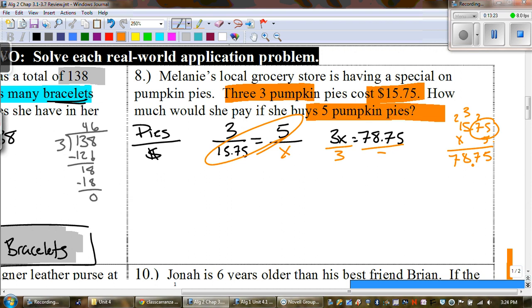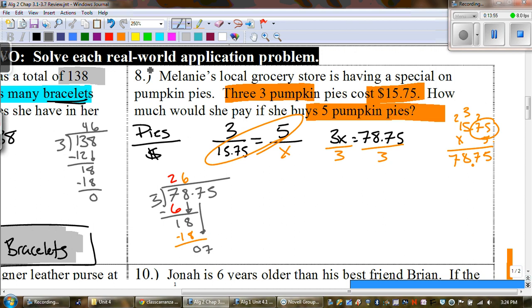Now to solve it, we have to divide by 3, and once again, we're going to have to do long division. So 3 goes into 7 2 times, and we get a 6. How many times does 3 go into 18? Well, it goes in there 6 times, and that's 18. Get a 0.